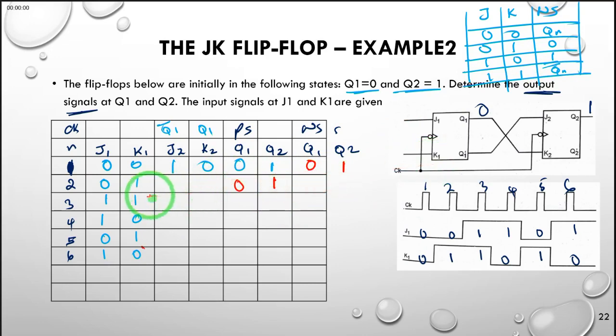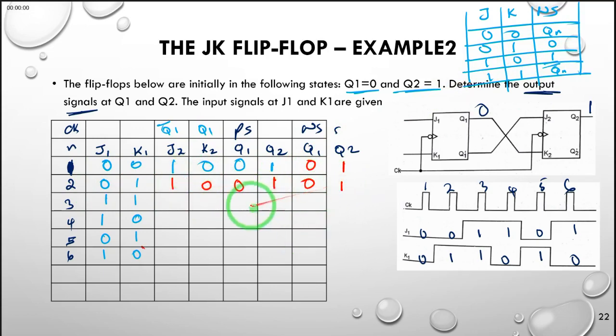Then we ask ourselves what this becomes: Q1, which is 0, and Q1 bar is 1. So again 0, 1 will give us a 0 in the next state, and 1, 0 will give us a 1 in the next state.